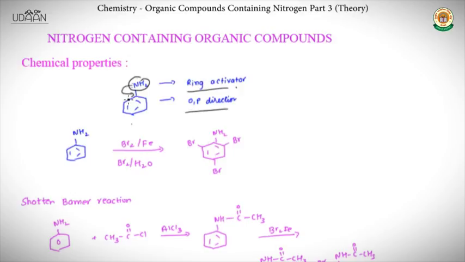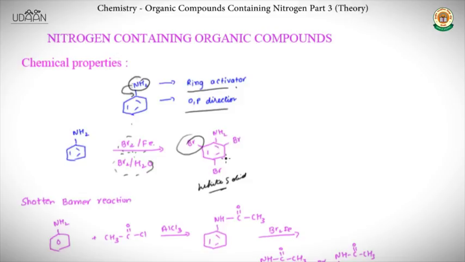Now, if you treat this aniline with Br2 in the presence of Fe or Br2 in the presence of H2O, which is a bromination reaction basically, you are going to get a white solid, which has Br substituted at ortho and para positions.